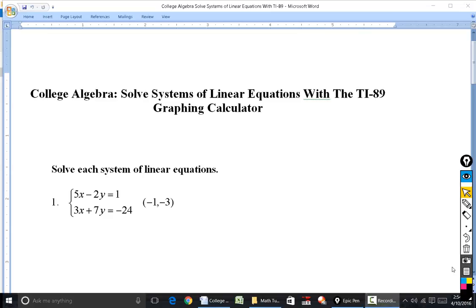You can use Cramer's rule, you can use matrices, quite a few ways to solve them manually. Now again, when you're solving a linear system of equations, there's going to be three options you're going to have. You're either going to have one unique solution, no solution, or an infinite number of solutions.